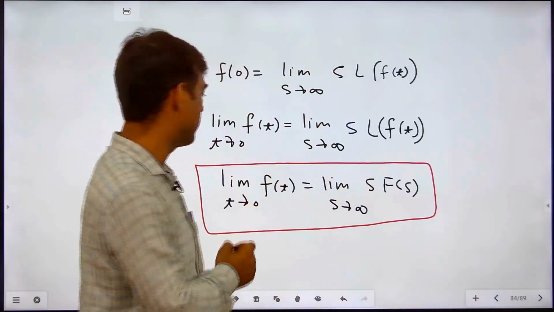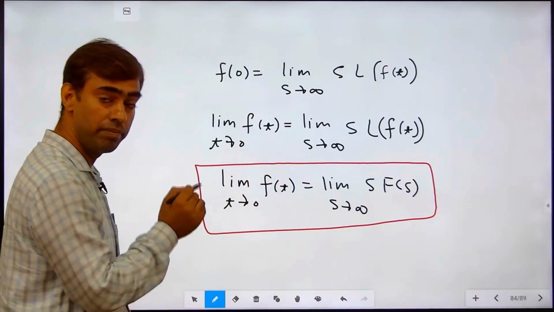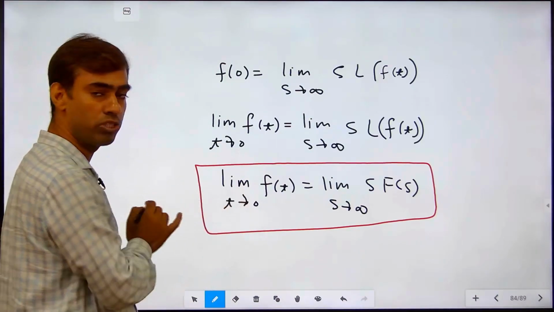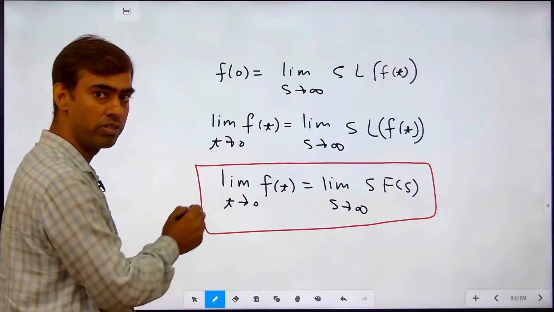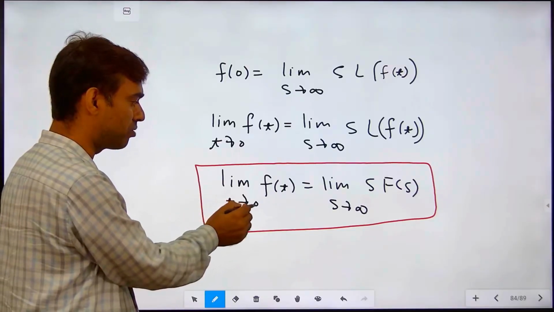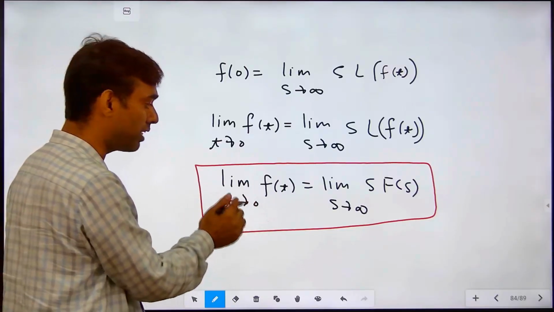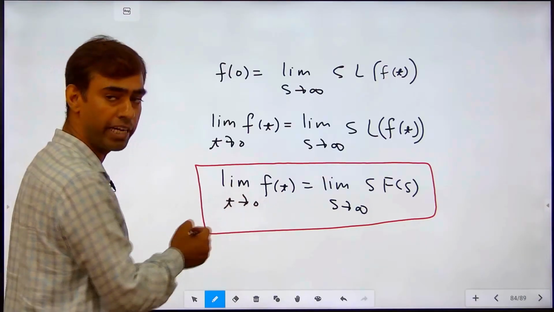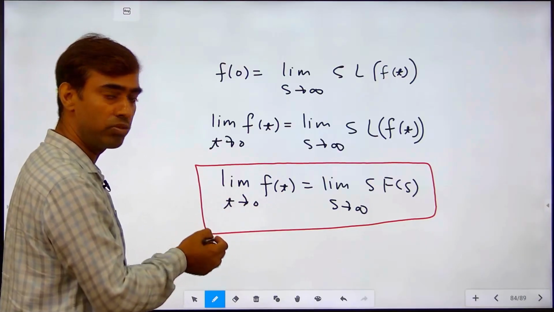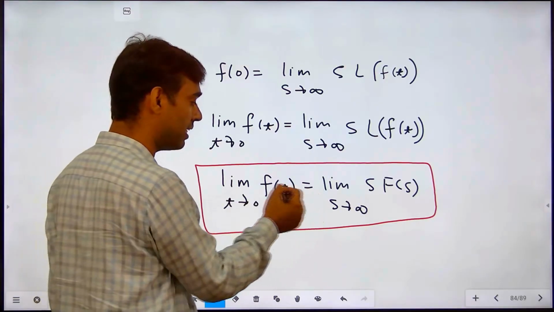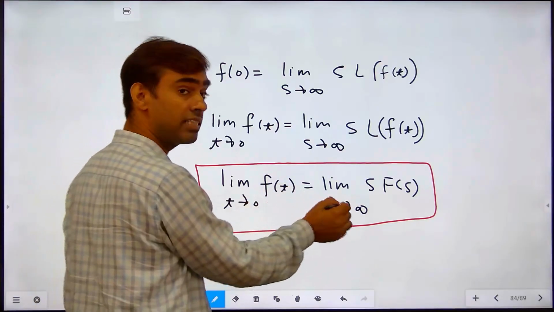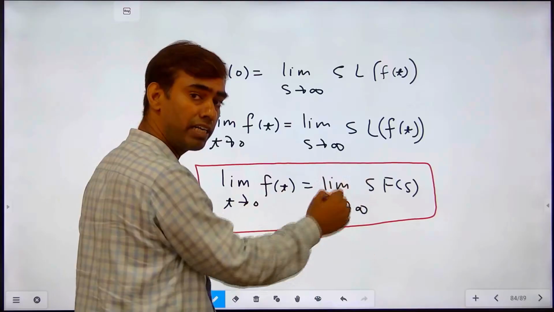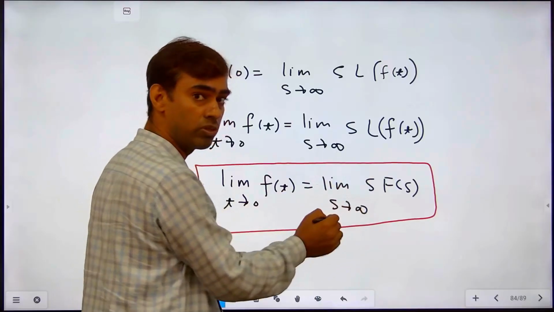In the initial value theorem, we closely observe limit t tends to 0, the initial value, and in the final value theorem, limit t tends to infinity. And on the right hand side, in the initial value theorem, s tends to infinity, and in the final value theorem, s tends to 0.